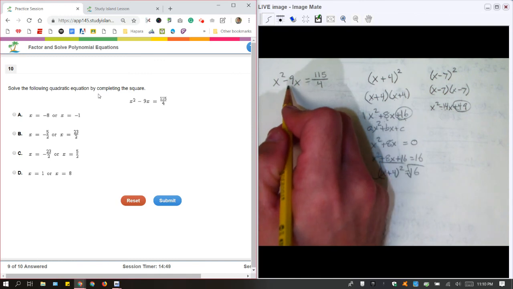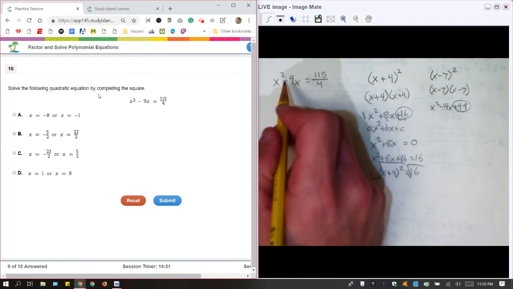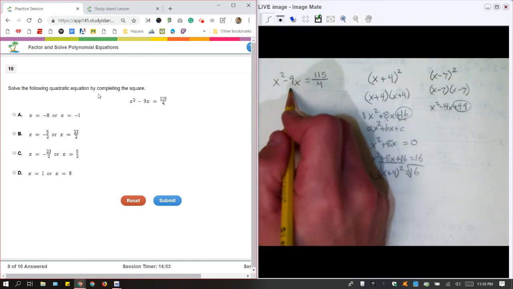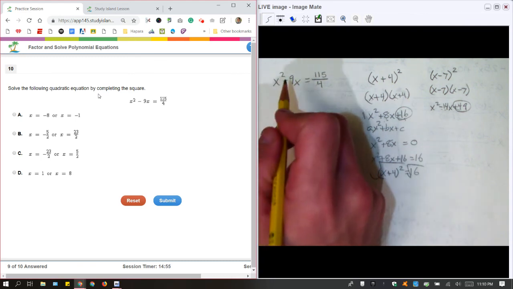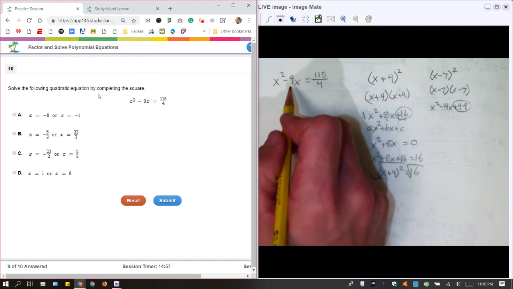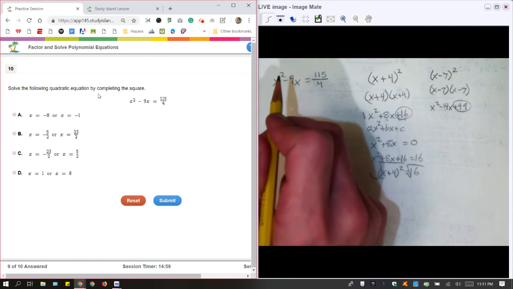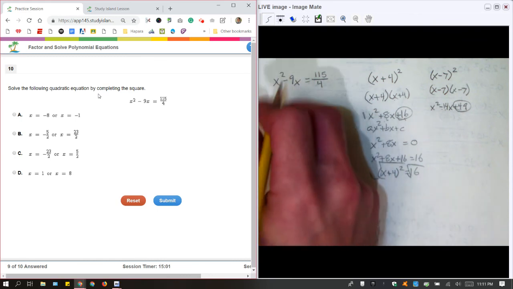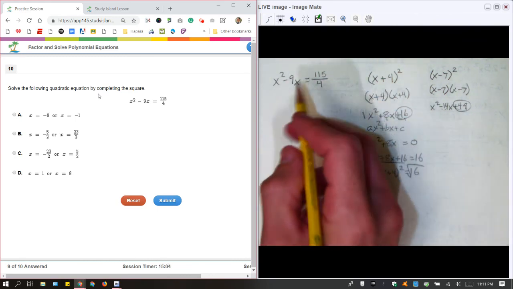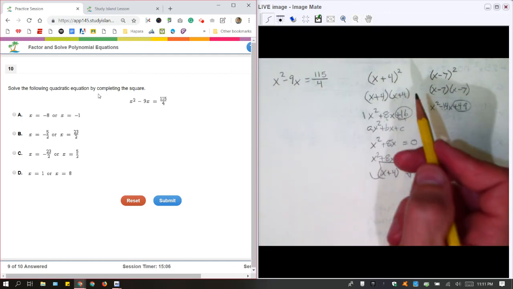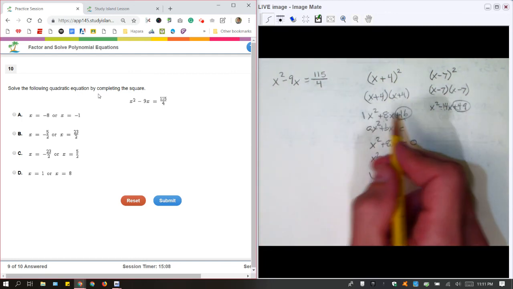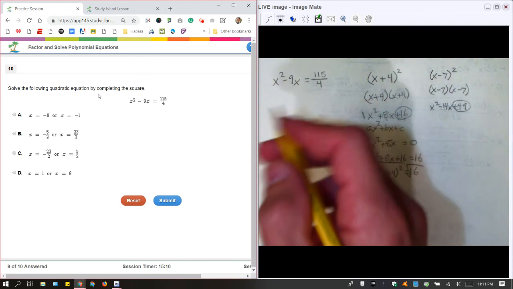So now let's look at this one. I have x squared minus 9x. If I want to complete the square, I want to add something to both sides of the equation that makes the left side the square of a binomial. So again, what's half of 9? It's going to be 4.5 or 9 halves. Well, if that is what we're going to square, then what would that be? What's 9 halves squared? And that would be 81 fourths.